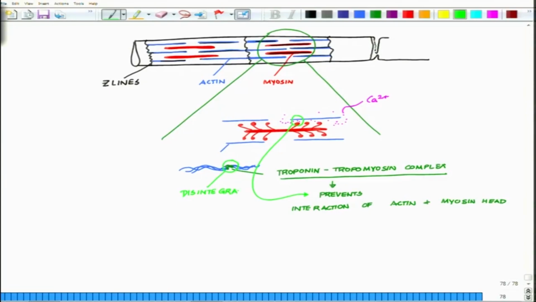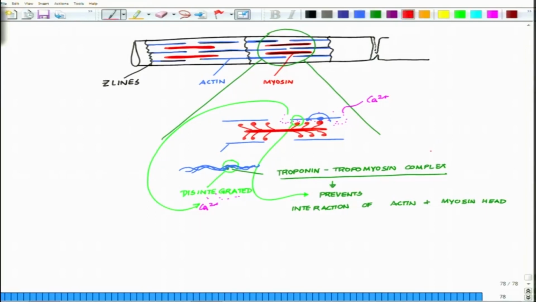As soon as this troponin tropomyosin complex gets disintegrated in the presence of calcium ions, the myosin head binds to the actin filament here, and it does something called a power stroke.